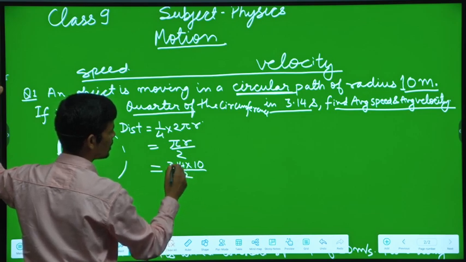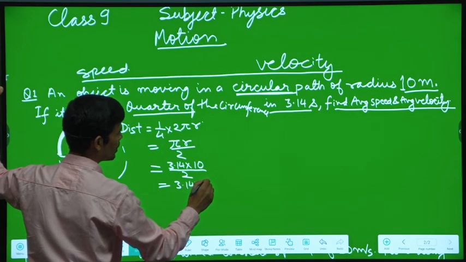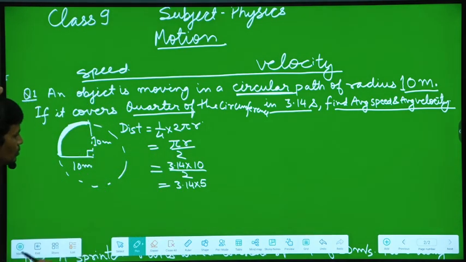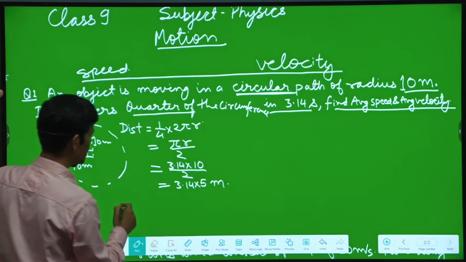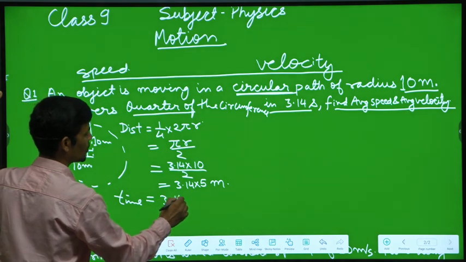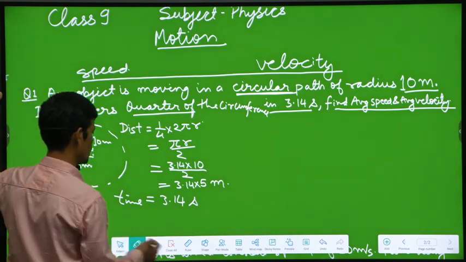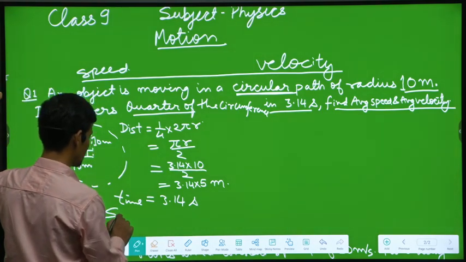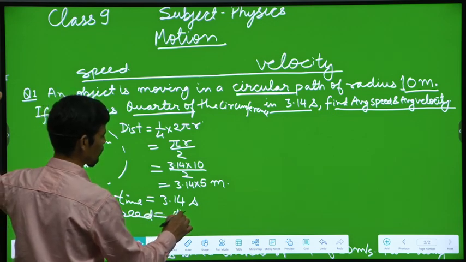I'm not doing anything with this. 3.14 multiplied by 5 meter. And then time is also given, 3.14. I purposely gave it like that, but anything can be.